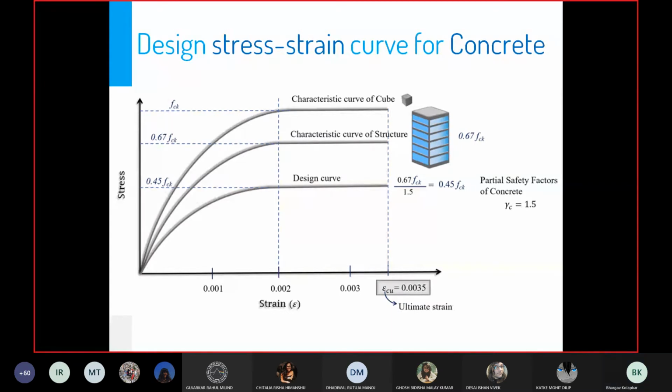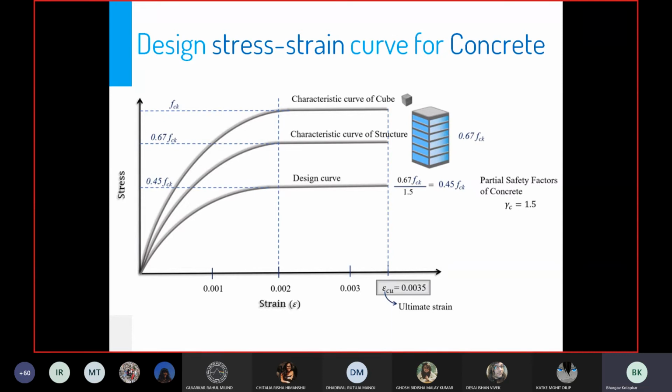The cylinders, if made from the same concrete, like today in the lab, if I cast a cylinder and if I cast a cube, the cylinder will have a strength about 0.8 times that of the cube. So just by changing the shape, I'm getting a different stress value. Okay, it's that heterogeneous.